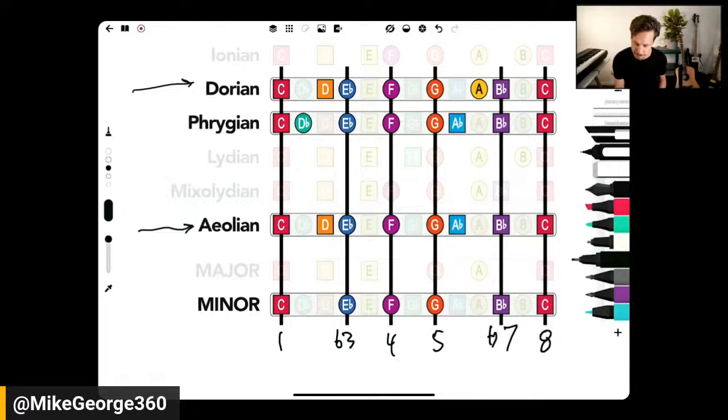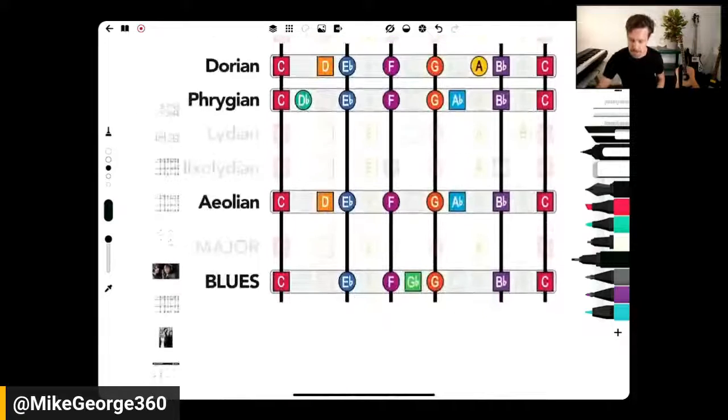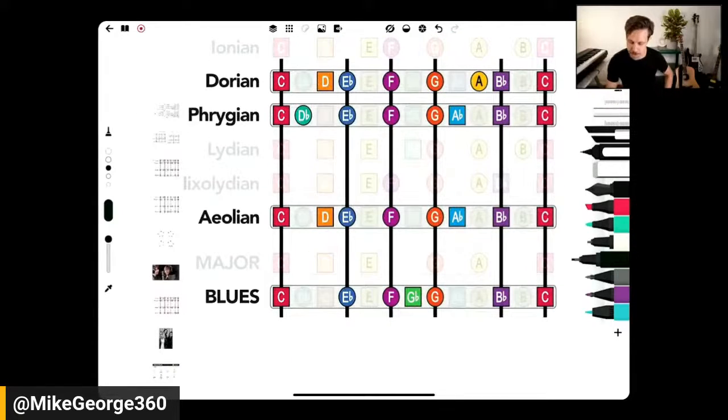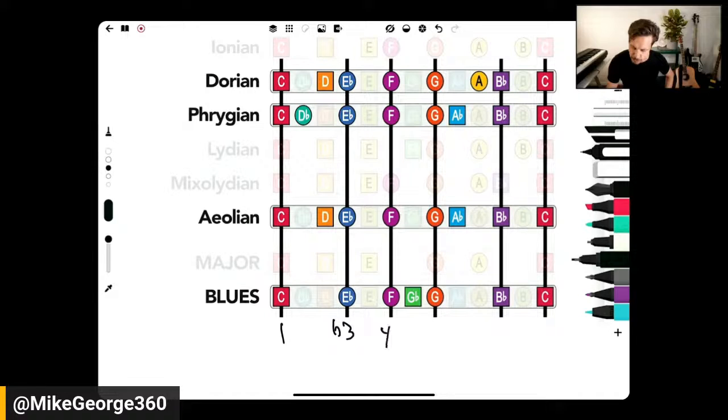And this minor pentatonic scale is really compatible with those. Well, to make a blues scale, all we have to do is add this flat 5, which we'll do right here. So blues is we just added a flat 5. So we still got 1, flat 3, 4, flat 5, 5, flat 7, and 8. And it sounds like this. Whoops, sorry.